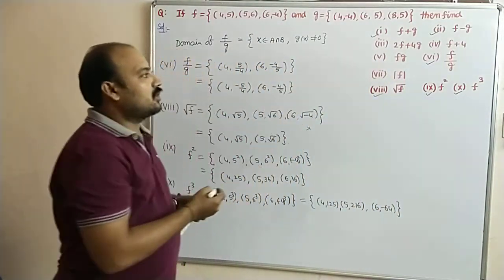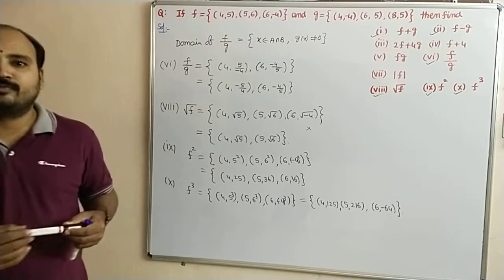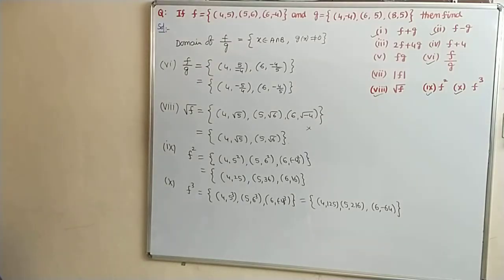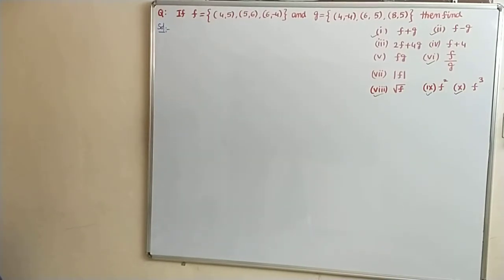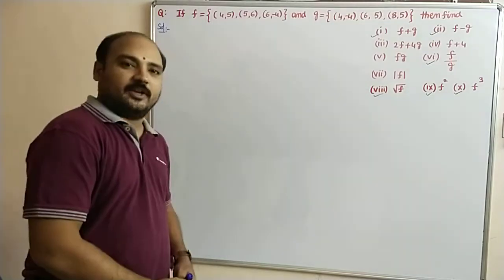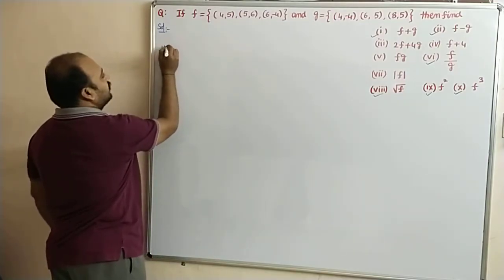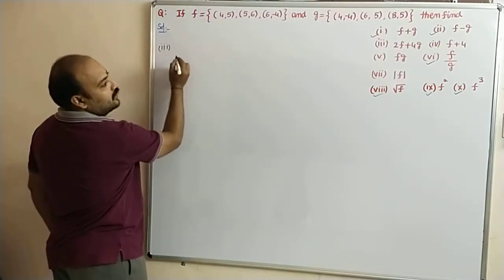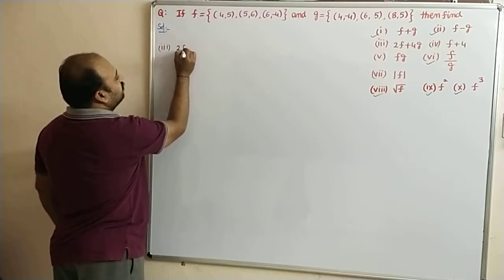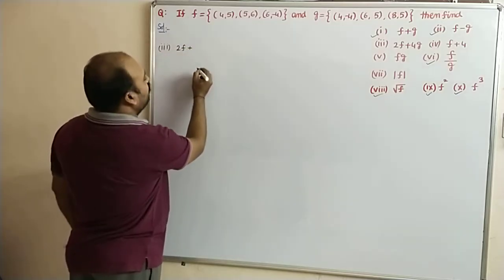After rubbing the board, the rest of them we are going to finish now. The next question, third one, Roman numeral 3. Here the question is 2f plus 4g.